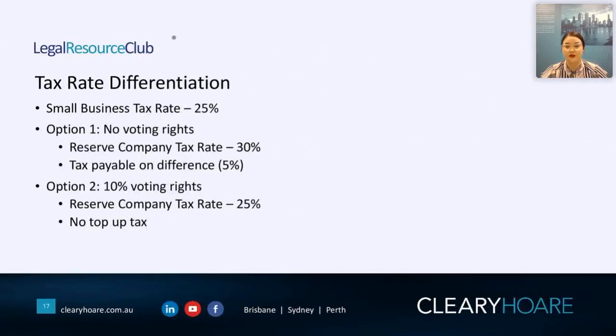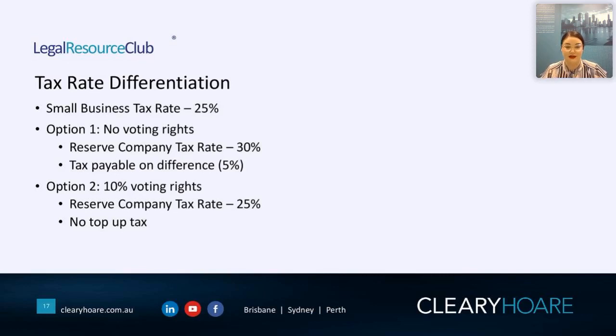The second issue is the tax rate differentiation. With the introduction of the small business tax rate came changes to the franking credit rules. The franking credit rules have been modified so that a company with access to the small business tax rate can only frank a dividend to that extent. This means there's going to be a difference between the tax rate payable by the new company, which is likely going to be the 30% entity, and the trading company, which will be a small business tax entity.